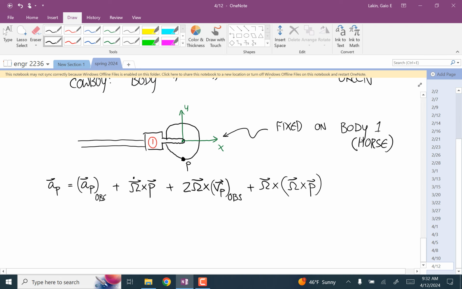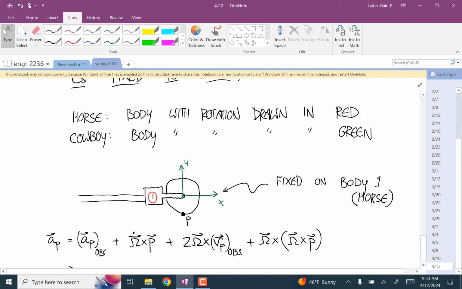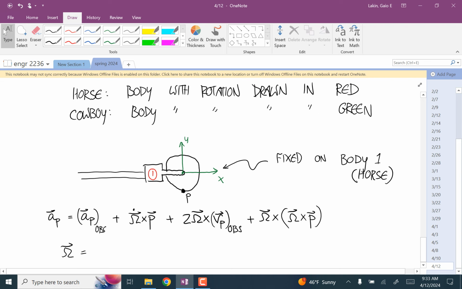And now I think the easiest way to keep things straight is to just start writing down these individual values. Once you have all of those, then you just plug it into your calculator. So let's start describing some of this stuff. Omega, what's that? Let's start with that. What's our omega? That's maybe the easiest one. Angular velocity.